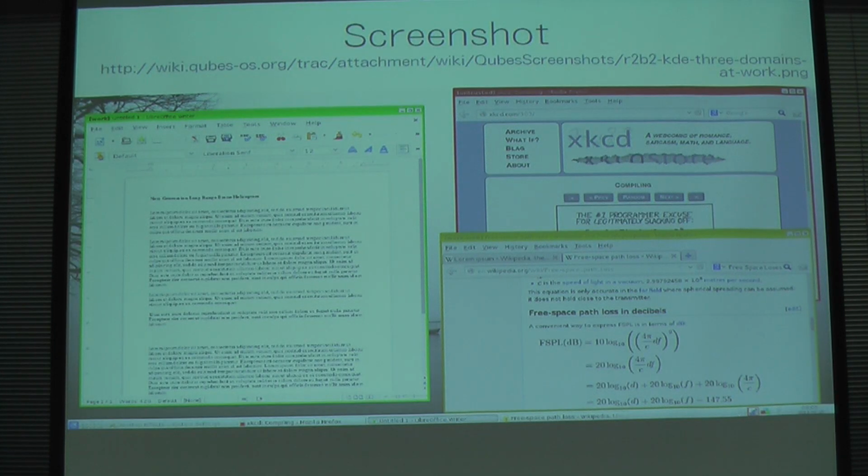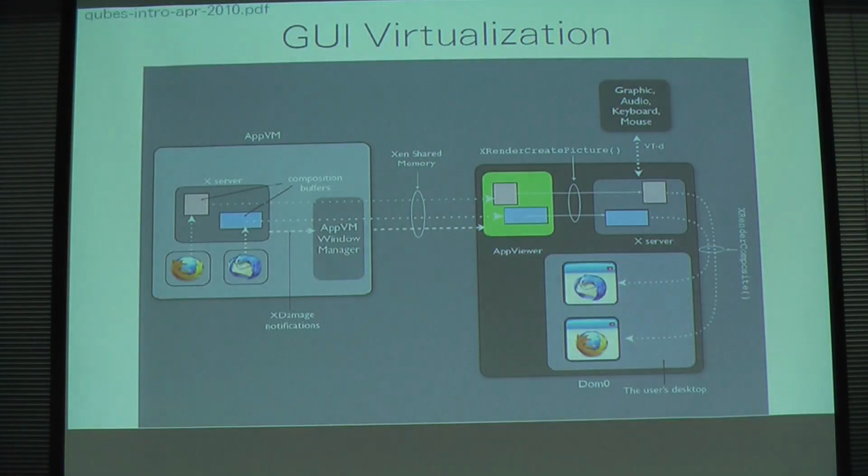And this is a screenshot. On the left is a black VM, and on the right are an Atlasis VM and a Web VM. So each VM is separated, but we can see them in one desktop environment.